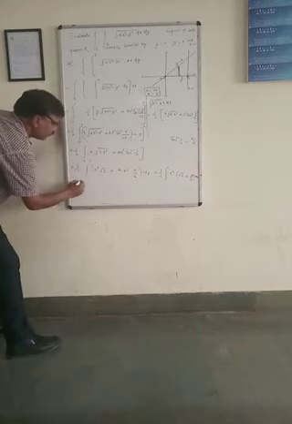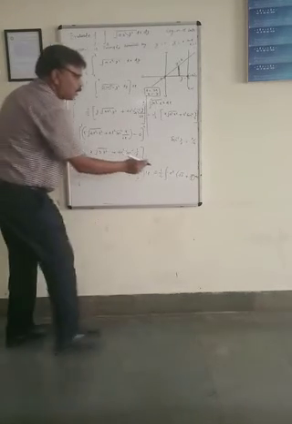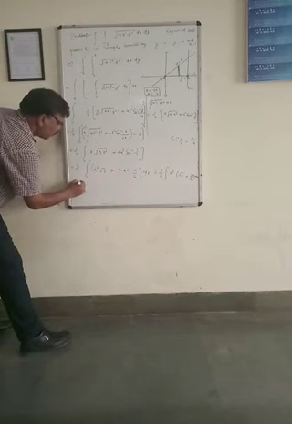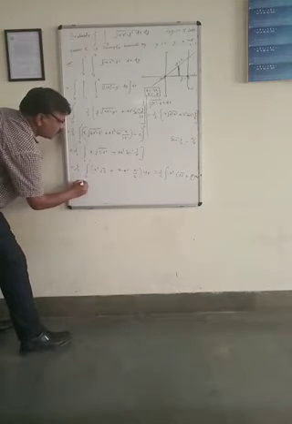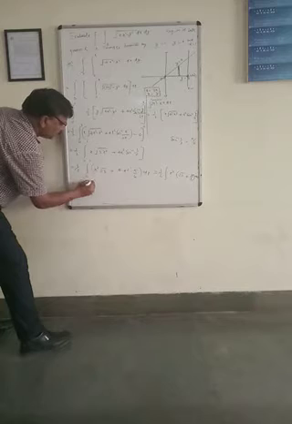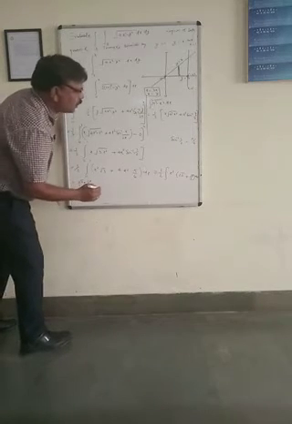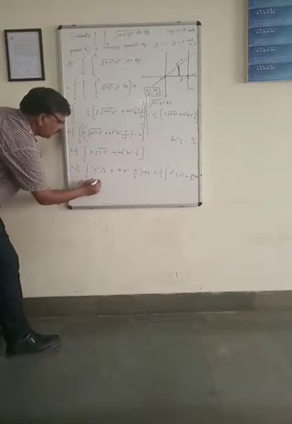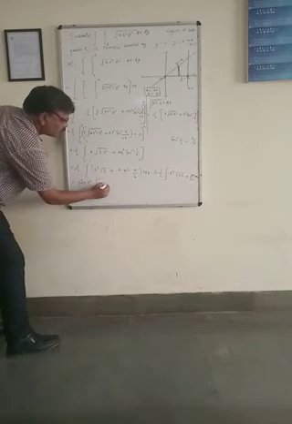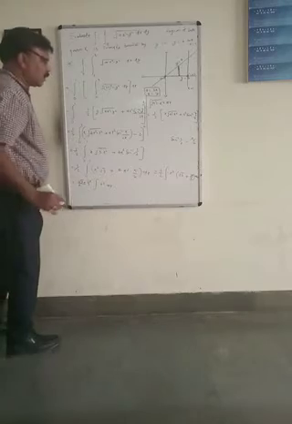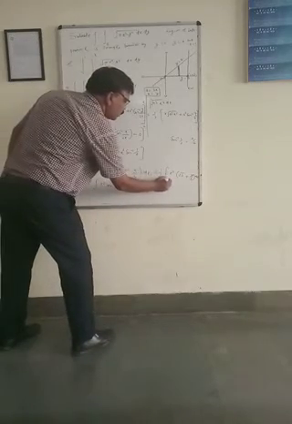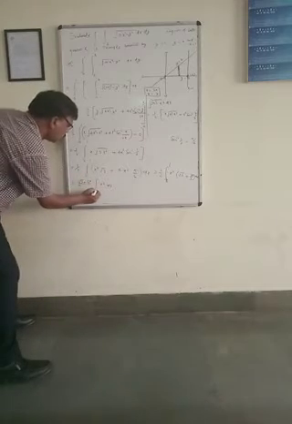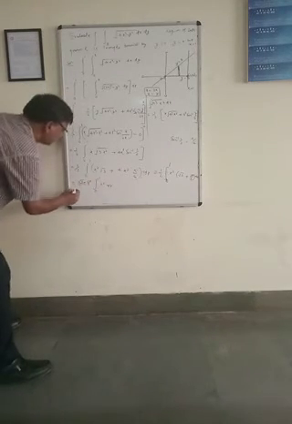Again 1 by 2 is the constant term, so taking root 3 plus 2 pi by 3 out of the integration, x square dx is remaining, and 0 to 1 is the limit of this integration.